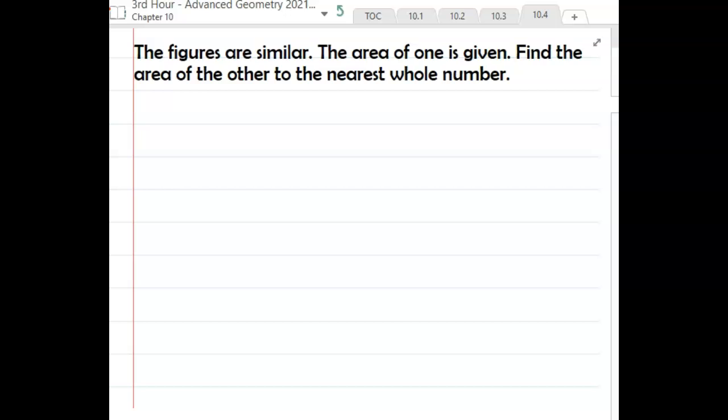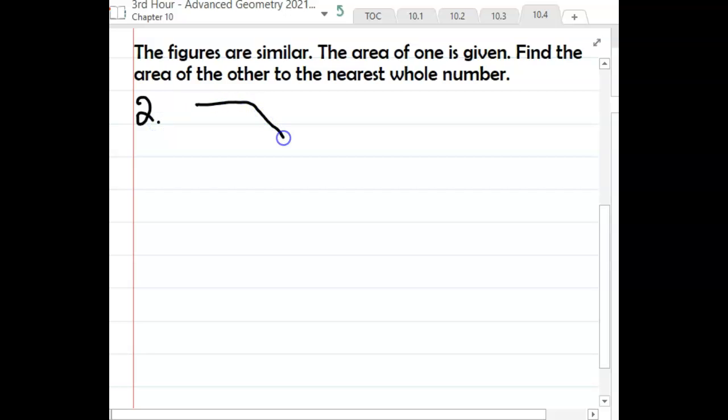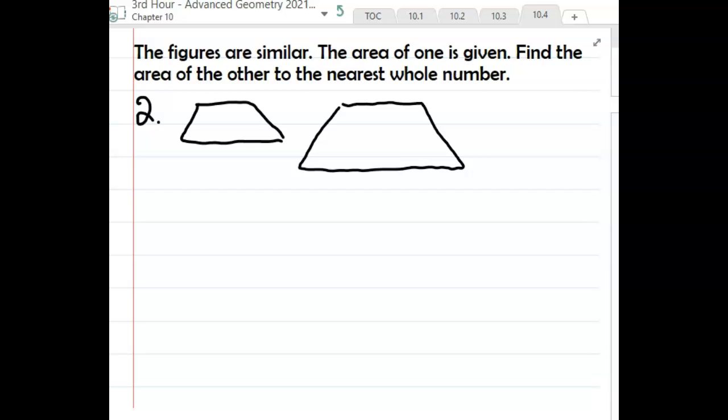Okay, this one we also have similar figures, but now we're going to actually apply this so we can help find the area. So we're going to be given the area of one, and then use the given information to find the area of the other. So number 2, we're going to have two trapezoids. We're going to have the smaller trapezoid. Over here we'll have the larger trapezoid. Okay, the top of the smaller trapezoid is 4 centimeters.